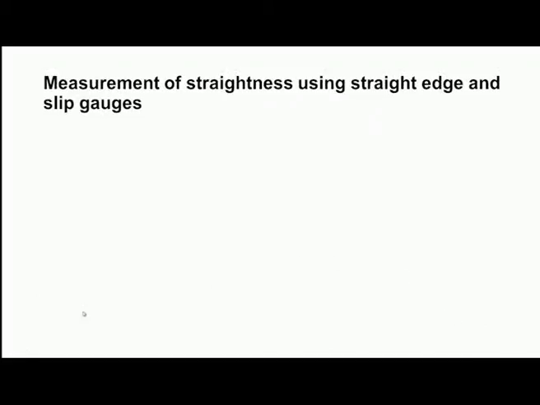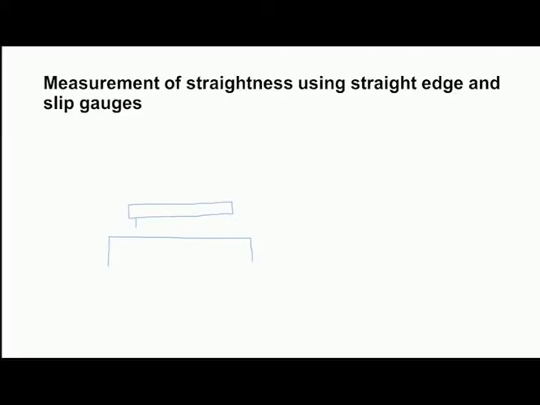Now, along with the slip gauge and straight edge, we can check the straightness. The procedure is like this. We have to use a surface plate, a datum surface, and this is the component, the straightness of which is to be checked. So, this could be a surface plate or a straight edge.